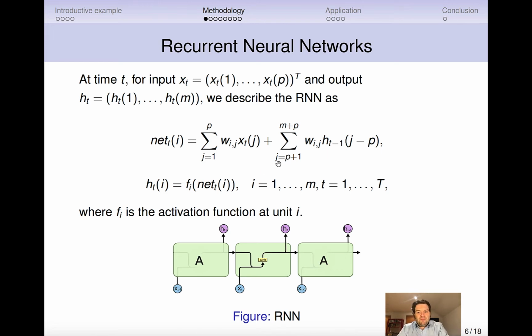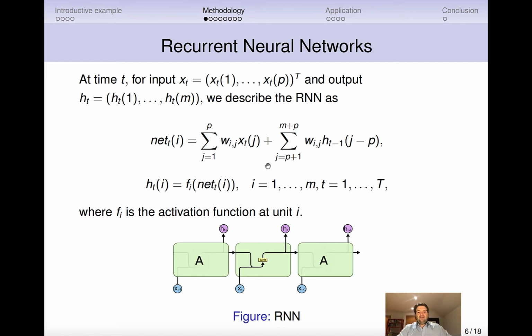Therefore, we have a sum from j equals p plus 1 up to m plus p, where m is this dimension, of weights from a cell to the cell i, of h_{t-1}, but evaluated at g minus p, to have a cell here for this h, which is between obviously 1 and m for the output.